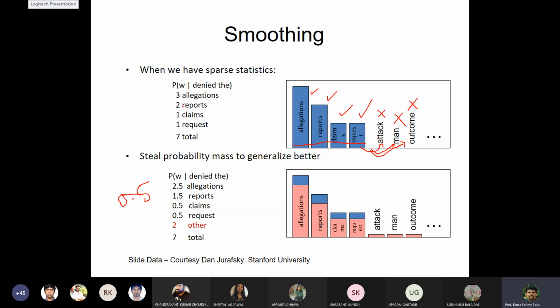So from 3 it becomes 2.5, then 2, then 1.5, then 0.5 and 0.5. The remaining words, everything in total, will have a count of 2. So this is stealing from the existing counts and then assigning it to the zero occurrence counts.